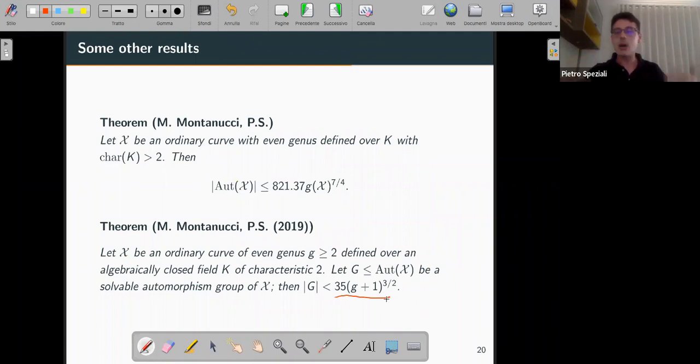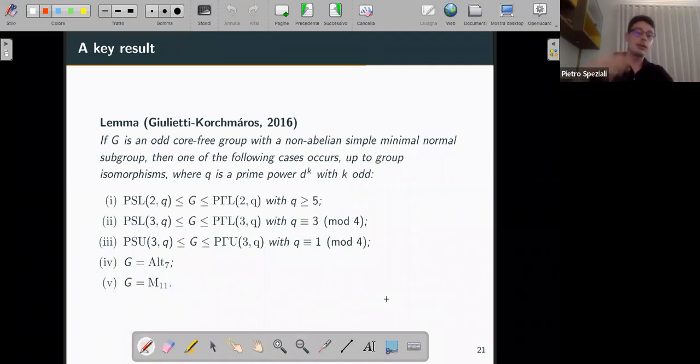Now we have some further examples of ordinary curves with non-solvable automorphism groups of order genus to the 3/2. So I think that we're gathering enough evidence. I'm pretty convinced about this, but still have no proof, of course. To show you how strict the even genus case can be: if you have a group with trivial odd core, we could prove that the minimal normal subgroups are non-abelian simple, and then one of these cases occurs.